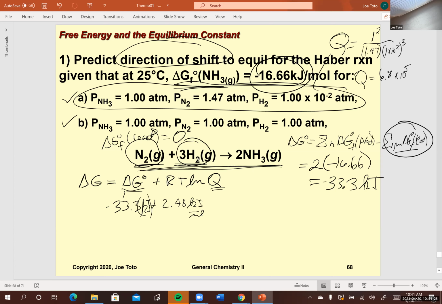So if I take the natural log of that, that's ln Q. I get over here 13.43. And if I multiply that by 2.48, I get plus 33.3 kilojoules.